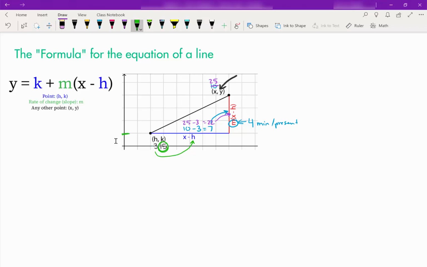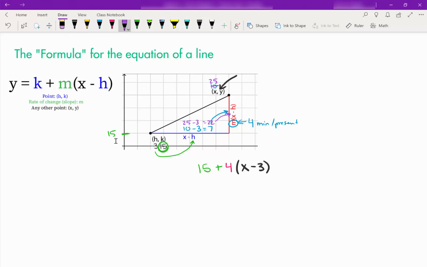We were starting at 15 minutes, and we always did 15 plus. So that 15 is the coordinate called k in this example. And then I added the rate of change, which was 4. And then that's where I had that from the last slide, the number for x, and then I was subtracting the 3.